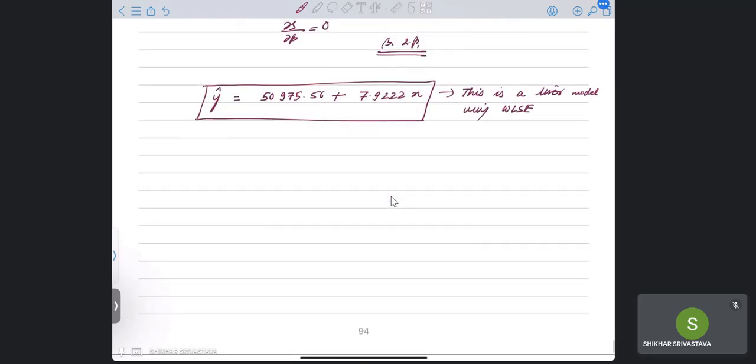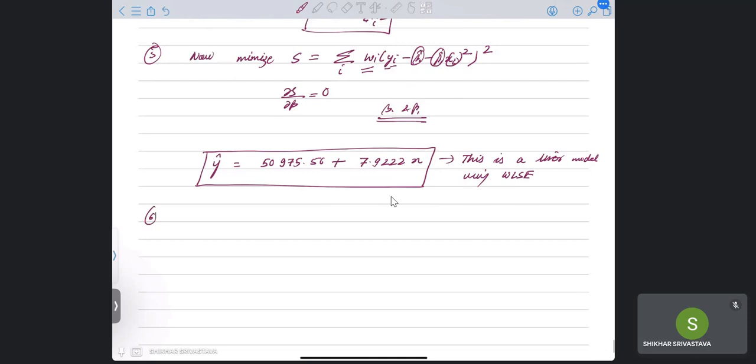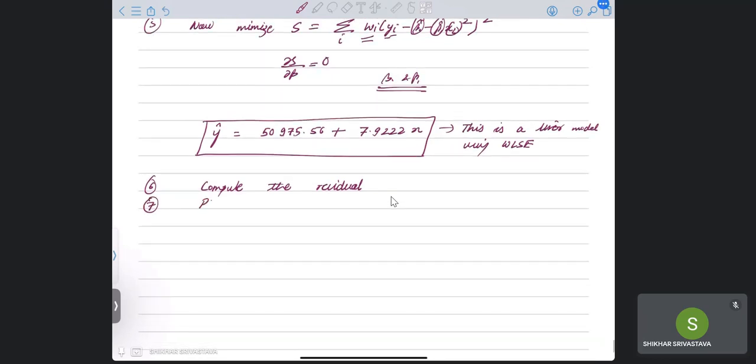Now, sixth step is what? For this particular model, you compute the residuals and plot the residual plot.